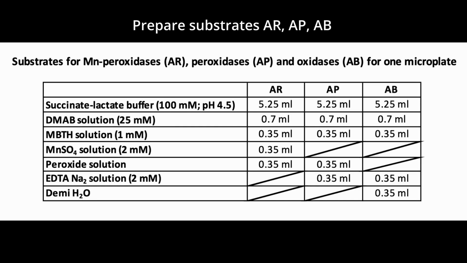Each sample in each microplate will consist of 3 sections where different enzymes will be measured. To do so, 3 solutions of distinct composition must be prepared. Solution AR will be used for determination of manganese peroxidases, solution AP for total peroxidases, and solution AB for oxidases.